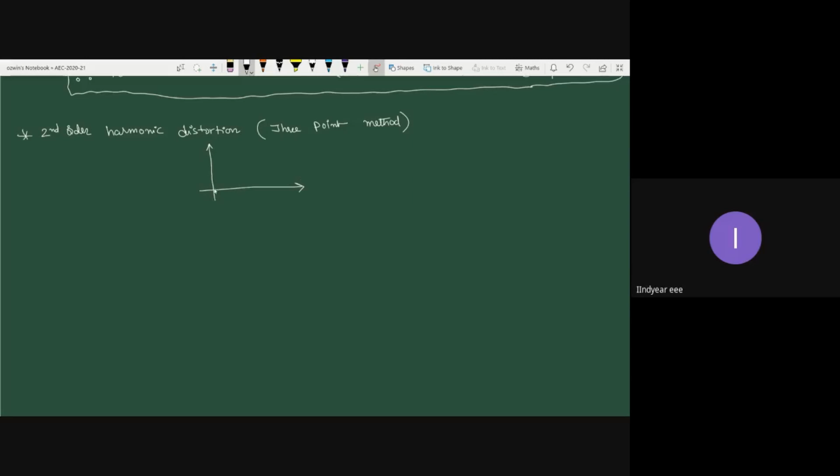So your transistor behavior is non-linear. This is the actual behavior. If I were to show you the ideal behavior, this is going to be the ideal behavior. The dotted one is ideal and the solid line is actual.